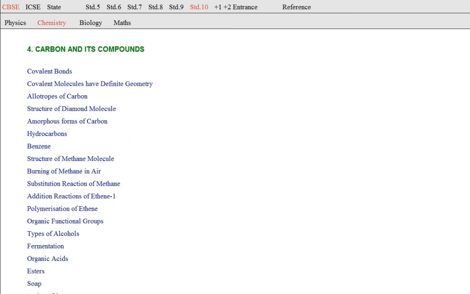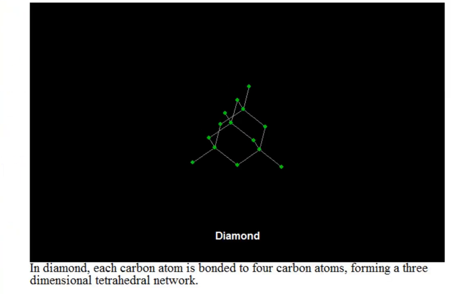Structure of diamond. In diamond, carbon atoms are arranged in a tetrahedral shape.